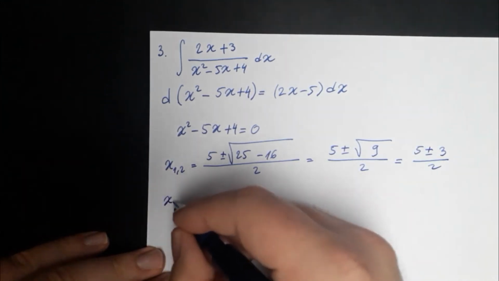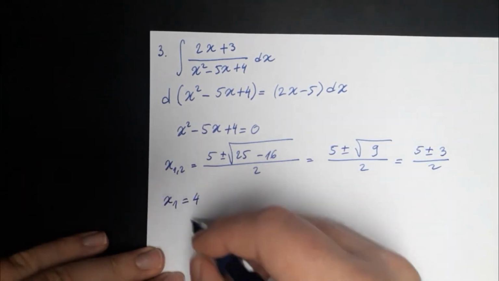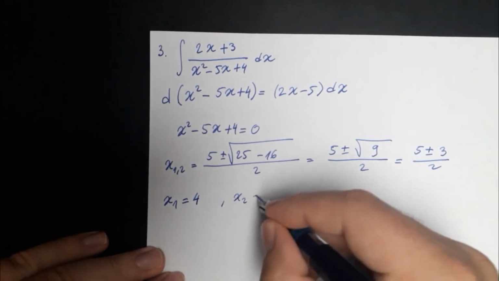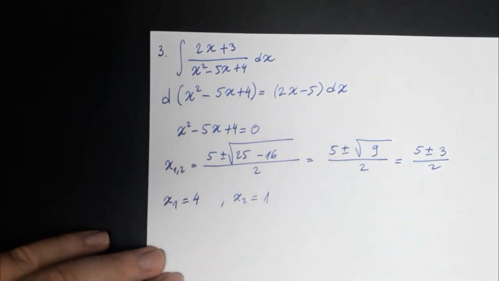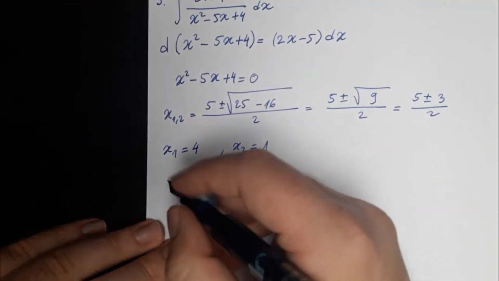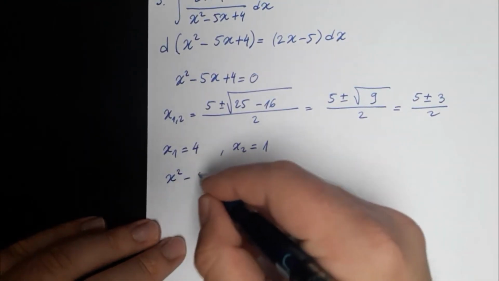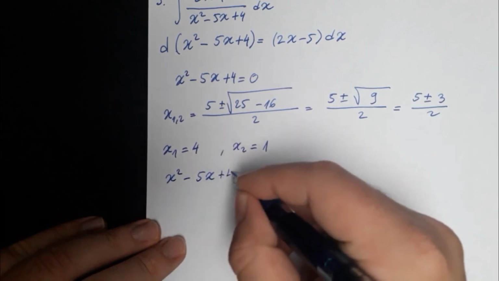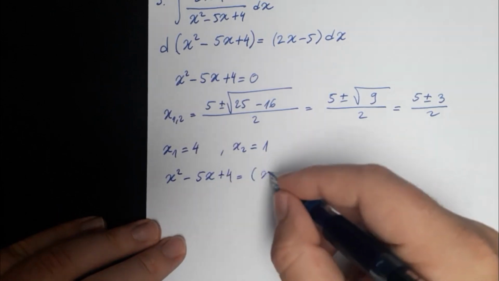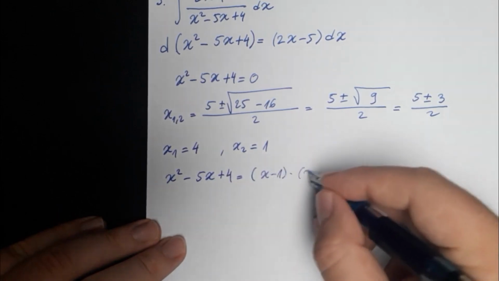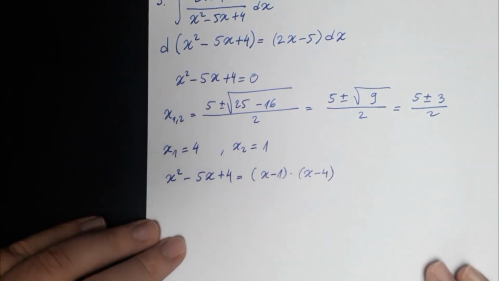And that is going to give us that x1 is equal to 4 and x2 is equal to 1. Now we can write our equation x squared minus 5x plus 4 as x minus 1 times x minus 4.